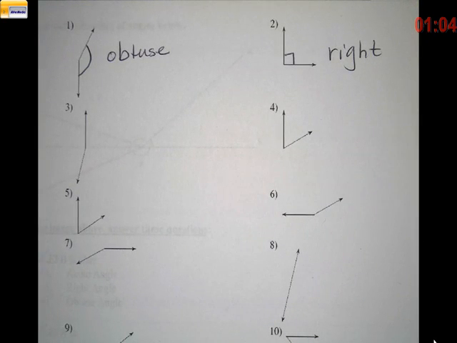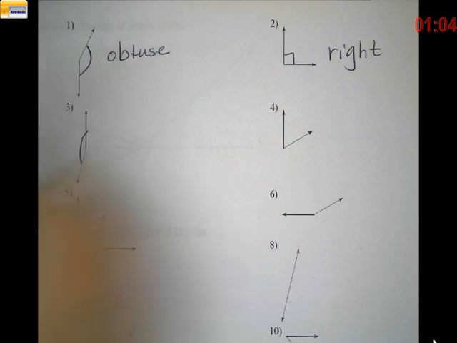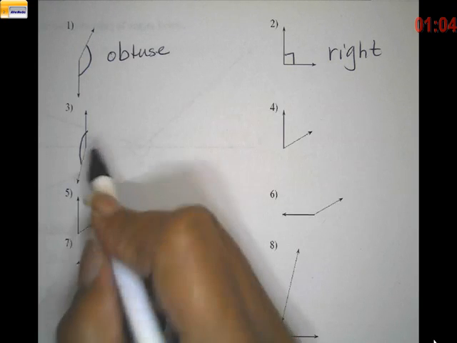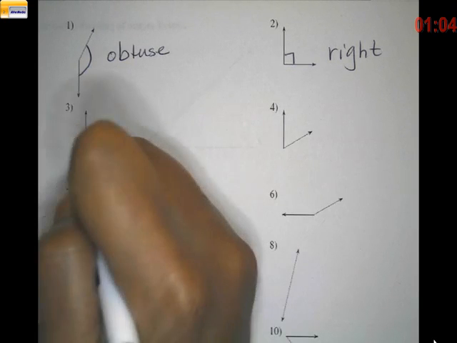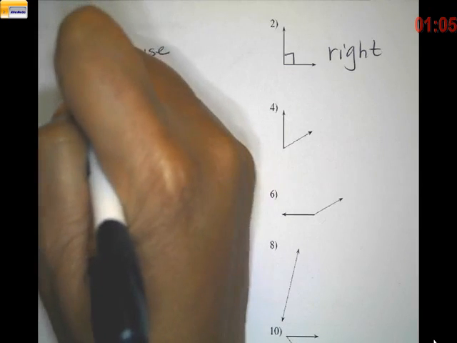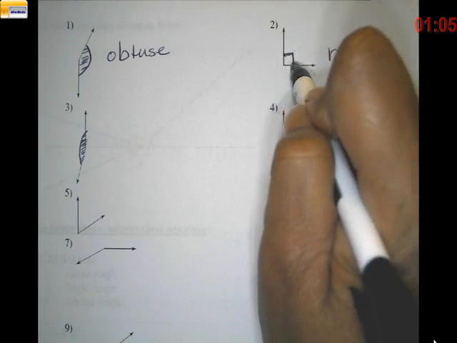Okay, on number 3, what kind of angle is that? I want you to do this side of the angle here. You got to see what I do here. What kind of angle will it be? Obtuse, yes.